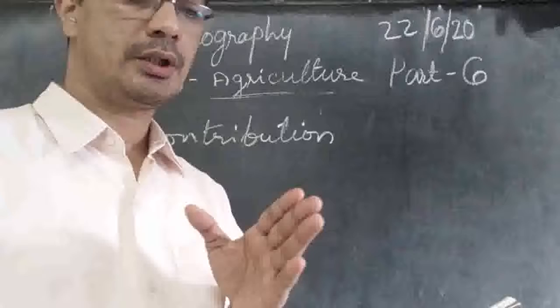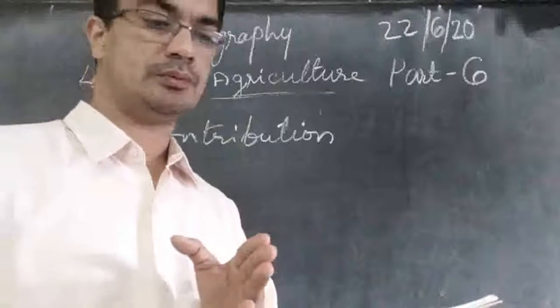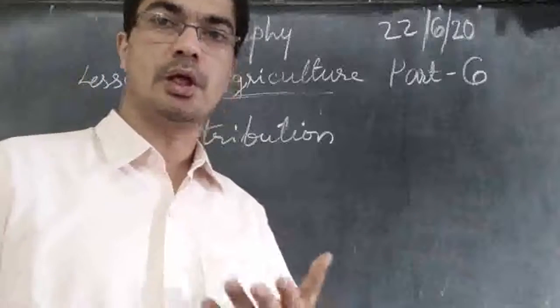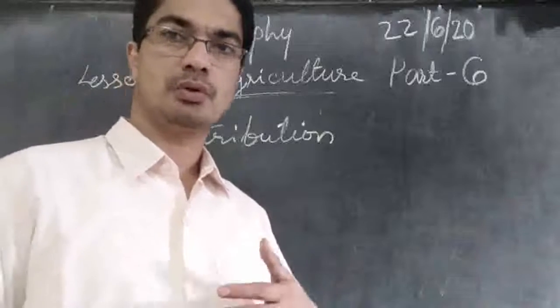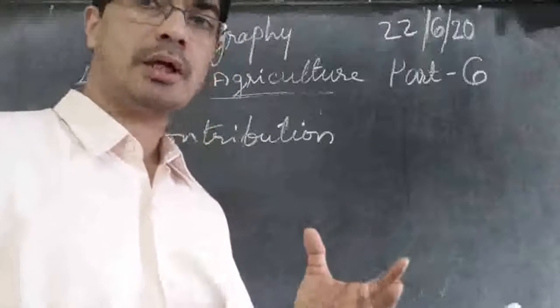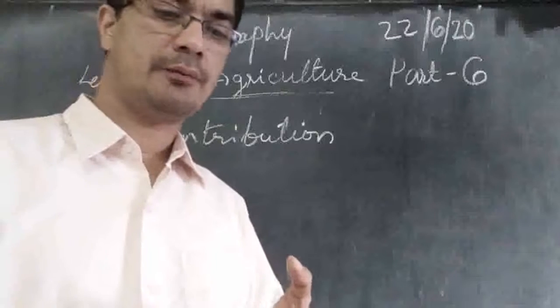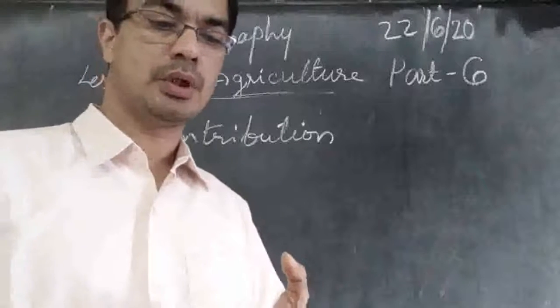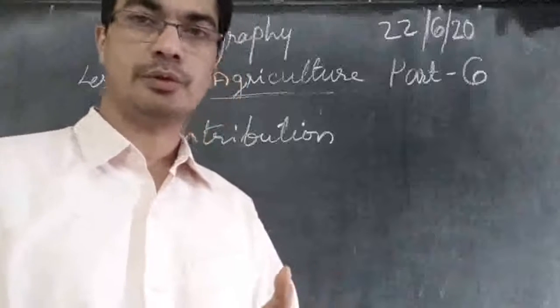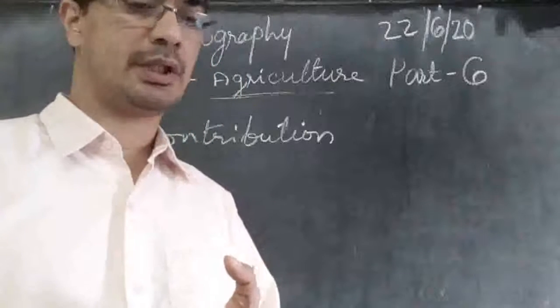Then after 5 years it increased to 3.2. The government introduced modern methods of cultivation and so the contribution from the agriculture sector was improved. Then after 5 years again it was improved to 4 and 4.2. So the slight improvement is there.